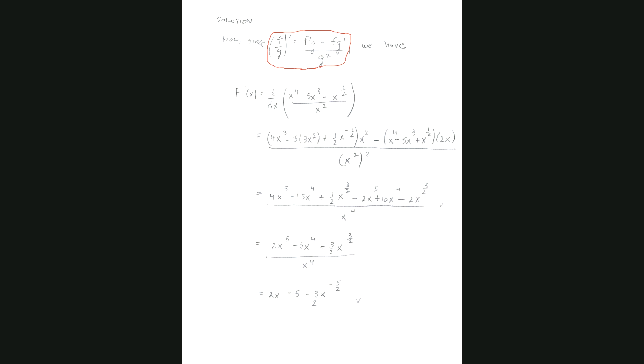So the derivative of my capital F of x function, using Leibniz notation, is d dx of this quotient. And we have an f function on top and a g function on the bottom.